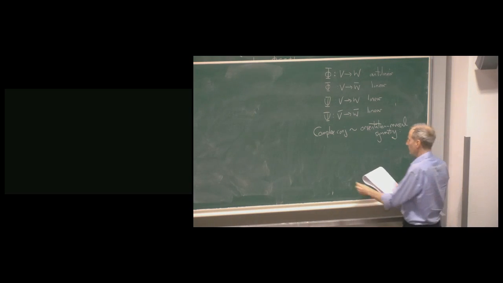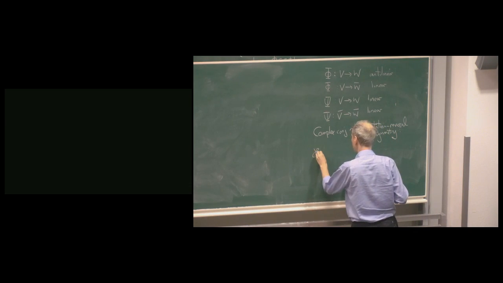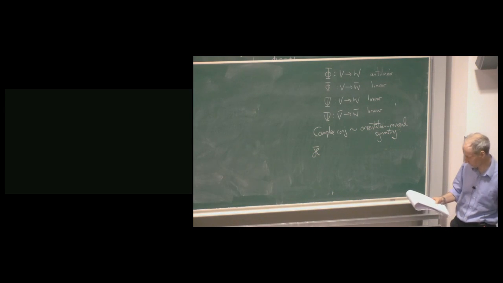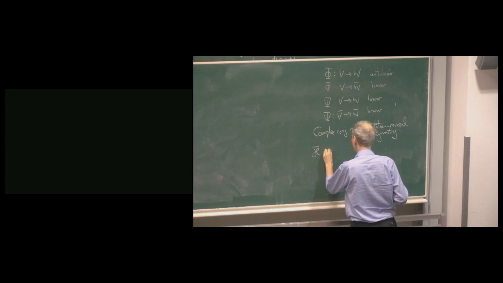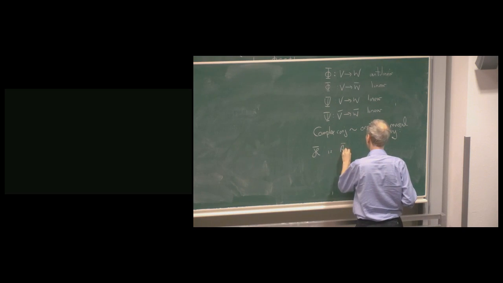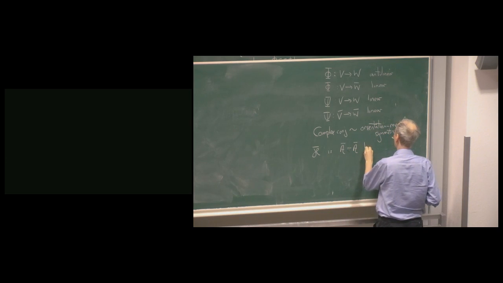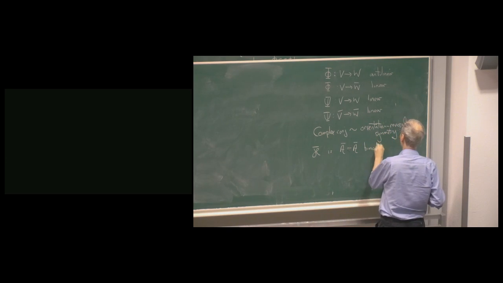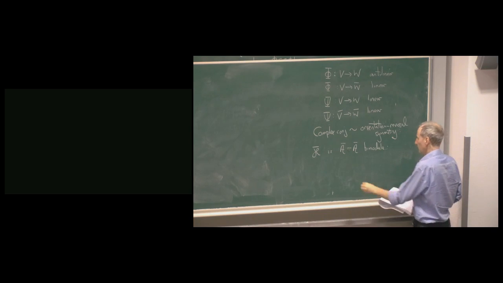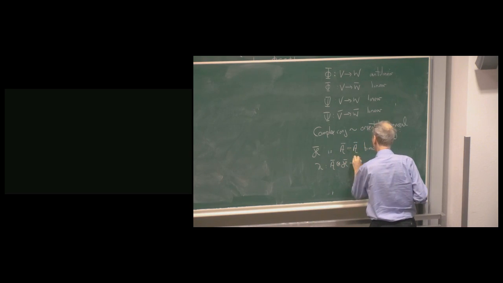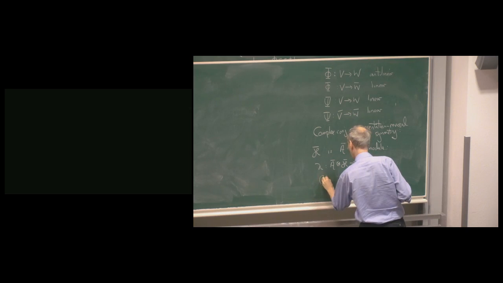So, for example, if I start with H, then I can make H bar, the complex conjugate of the nearly Hilbert space. Then that is an A bar bimodule. And you use the same map, so you use the left action, but now regarded as A bar tensor H bar to H bar, and the right action.